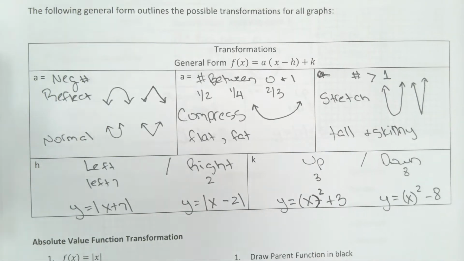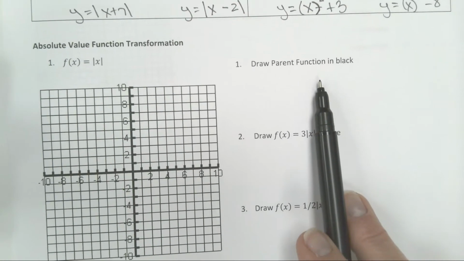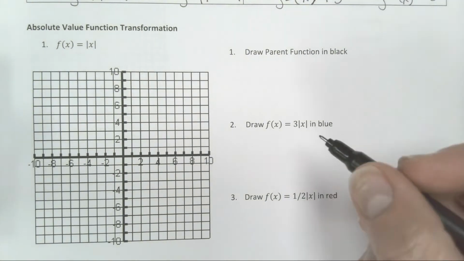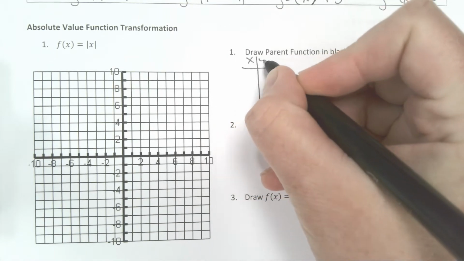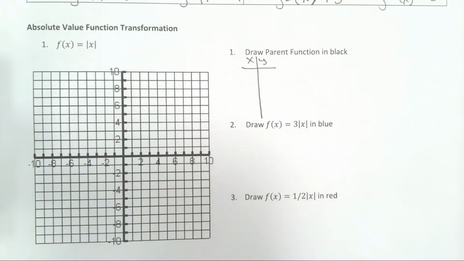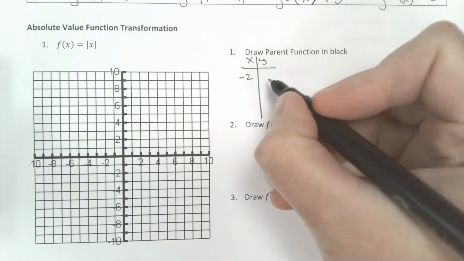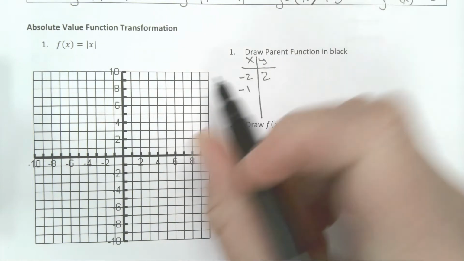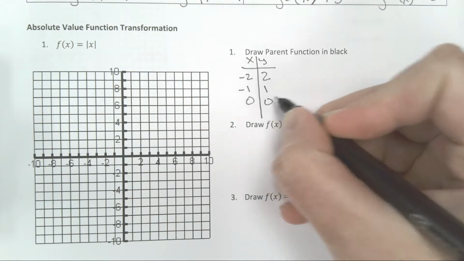So let's draw the basic parent and see if we can recall what it does. So the basic parent function, and I'm going to deal with absolute value of x. So if x was -2, the absolute value of -2 is 2. The absolute value of -1 is 1. The absolute value of 0 is 0.